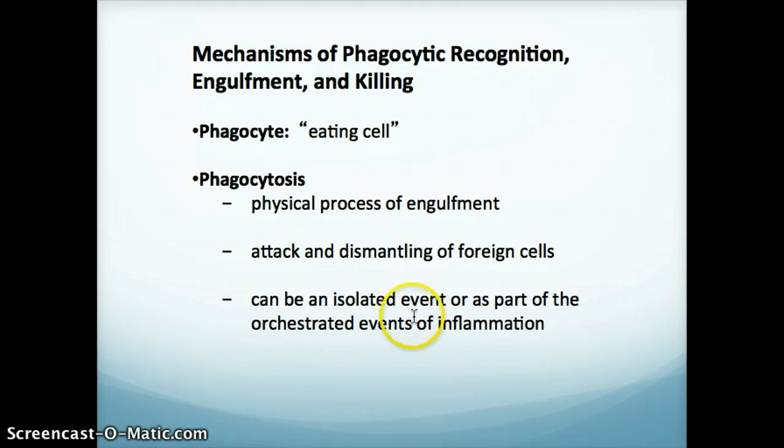And this can be an isolated event. It may just find one foreign cell and actually get rid of it, or it can be part of an orchestrated event of inflammation. So if there's a little bit bigger incident in the body, it can be part of that inflammation process.